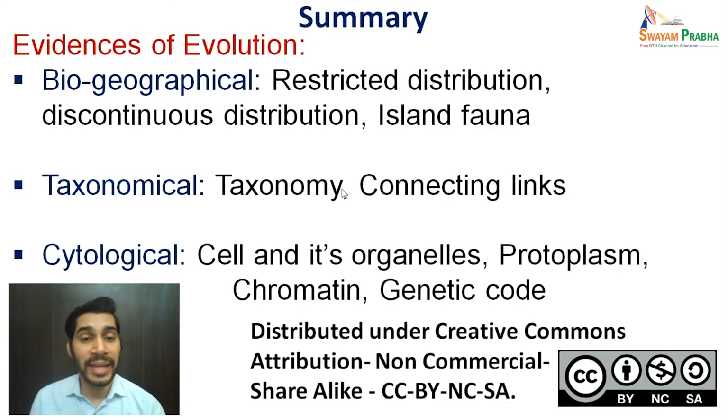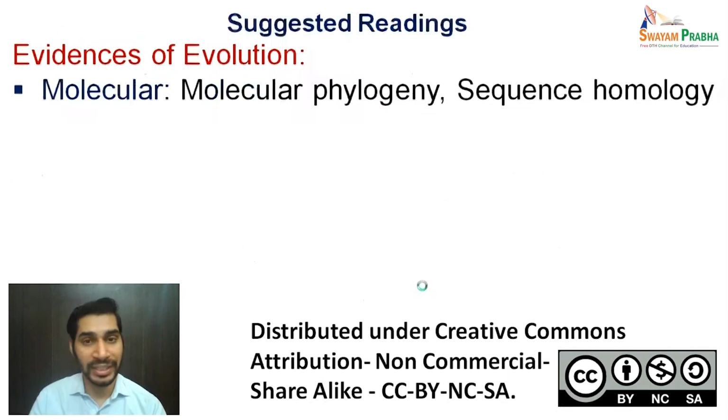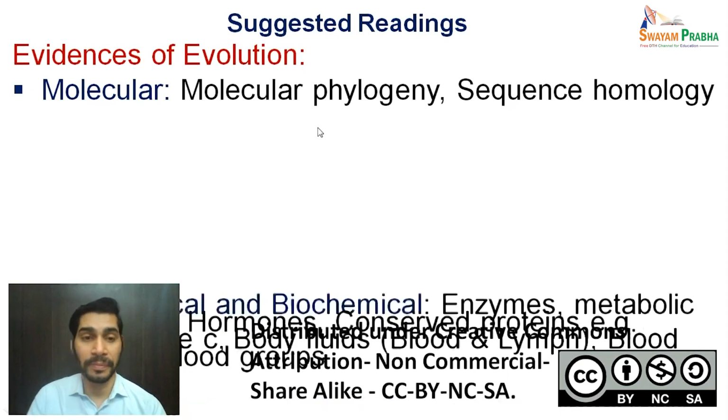Then the cytological evidence from the similarities in the structure and function of the cell, its organelles, protoplasm, chromatin, and genetic code that we discussed. At the molecular level, we discussed the sequence homology in terms of orthologous, paralogous, and xenologous sequences, and how bioinformatic approaches have proved the existence of evolution.